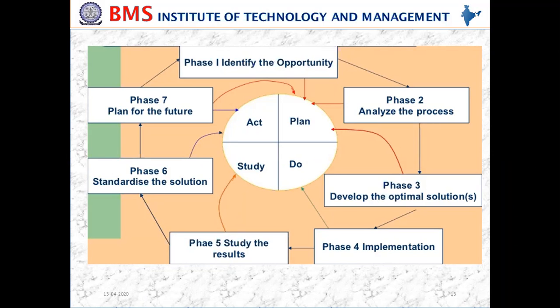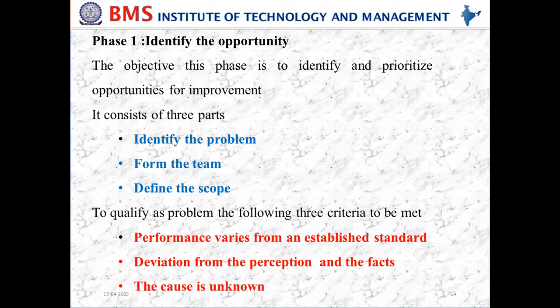If there is a problem, then it is an opportunity for improving the process or product performance. The objective of this phase is to identify and prioritize the opportunities for improvement.